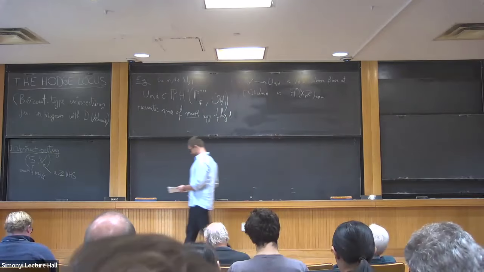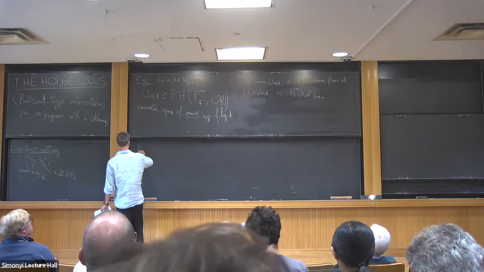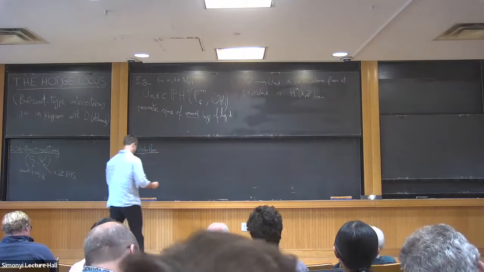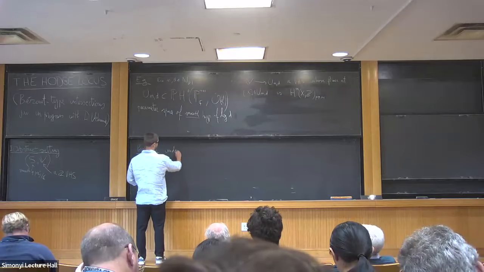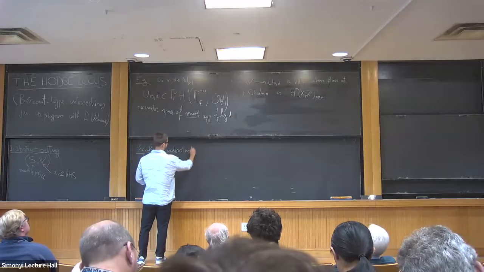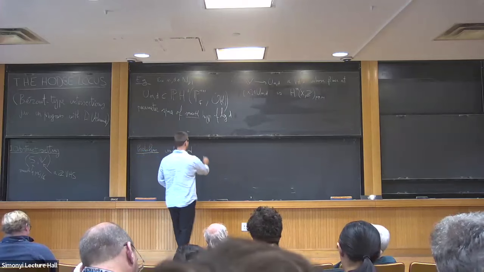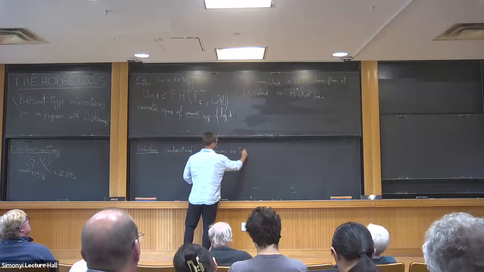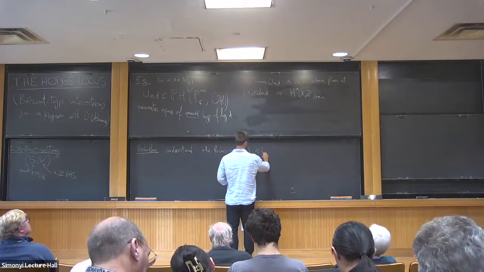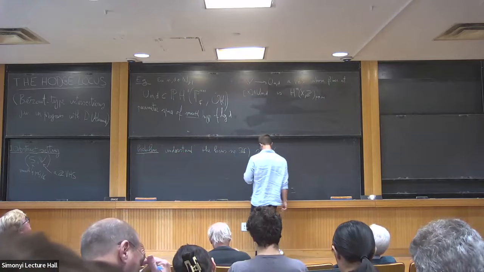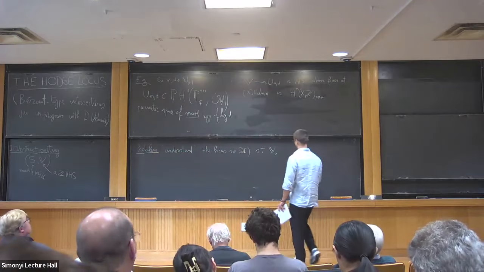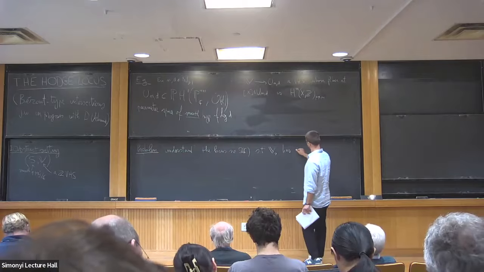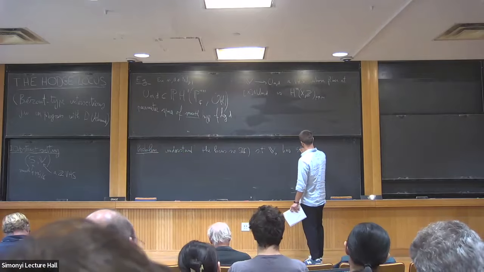And the problem I'm interested in, and I've been interested in for the last few years, is to understand, and I'll tell you what I mean by understand, the locus of s in S such that the fiber of the Hodge structure V_s has special cycles, just to be in theme with the title of the conference.